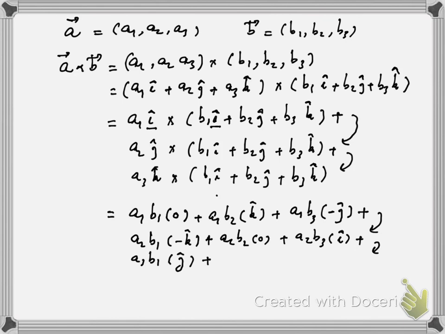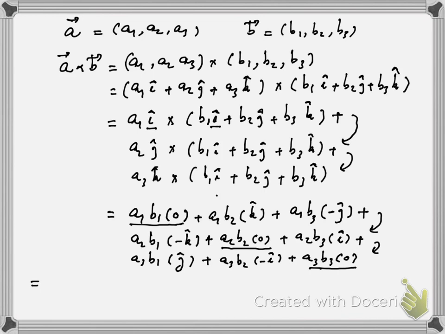Plus A3 B2 into k cross j, which is equal to minus I cap, plus A3 B3 into K cross K, which is 0. Now this part is 0, this part is 0, this part is 0.